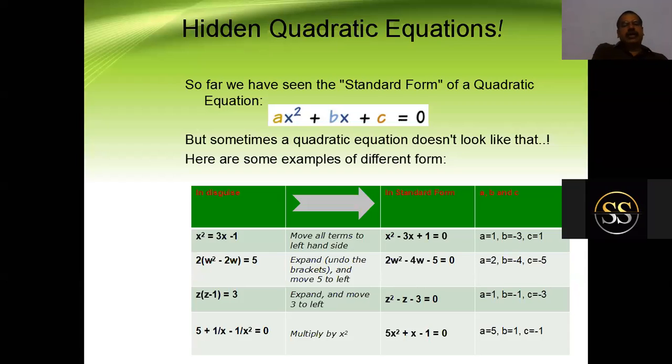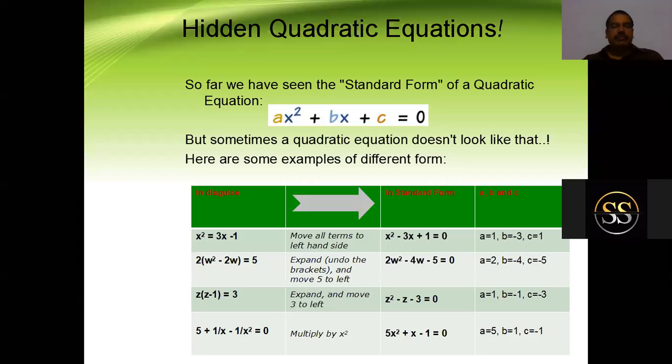Next, 2 of w square minus 2w equal to 5. Then you have to simplify the equation to bring it into standard form: 2w square minus 4w minus 5 equal to 0, where a equal to 2, b equal to minus 4, c equal to minus 5. And the next one is z of z minus 1 equal to 3, which means z square minus z minus 3 equal to 0, where a equal to 1, b equal to minus 1, c equal to minus 3.